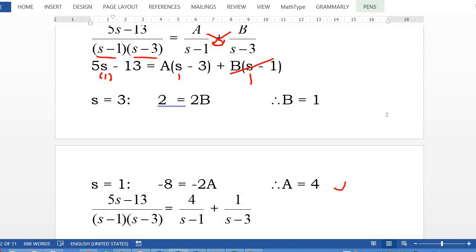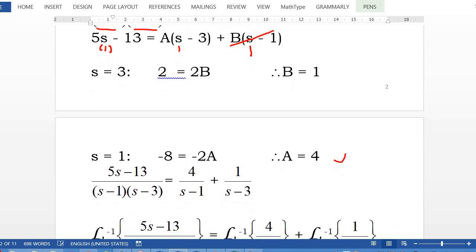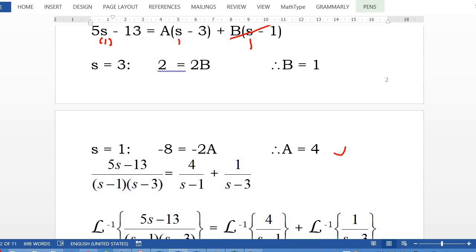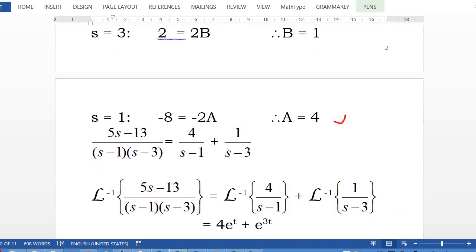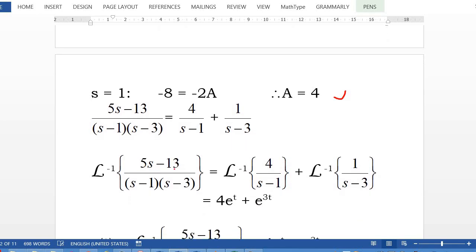So the (5s minus 13) over (s minus 1)(s minus 3) equals 4 over s minus 1 plus 1 over s minus 3. Okay, and the inverse Laplace of (5s minus 13) over (s minus 1)(s minus 3) is equal to the inverse Laplace of 4 over s minus 1 plus the inverse Laplace of 1 over s minus 3.